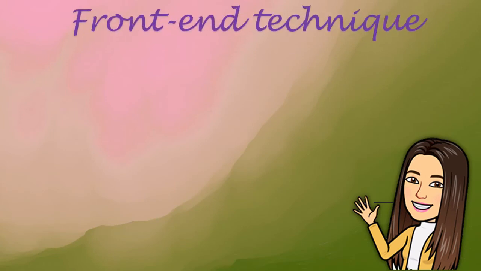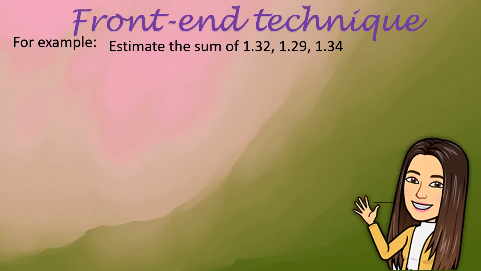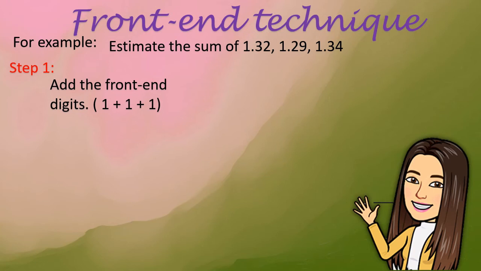We may use another strategy, or what we call the front-end technique. For example, estimate the sum of 1 and 32 hundredths, 1 and 29 hundredths, and 1 and 34 hundredths. Step 1. Add the front-end digits.